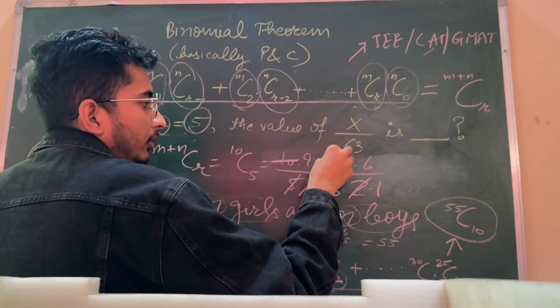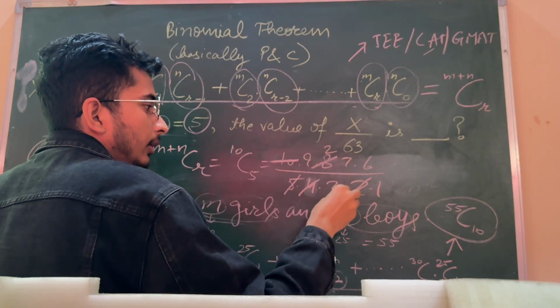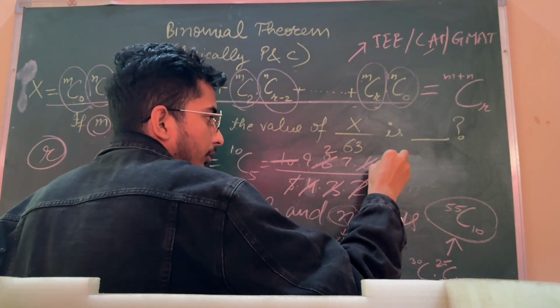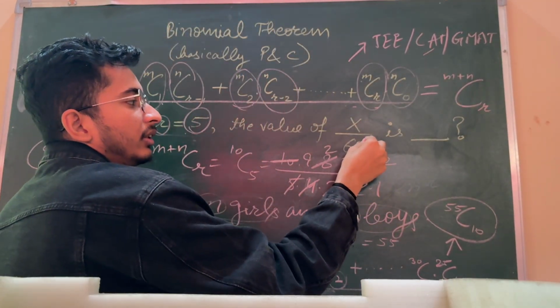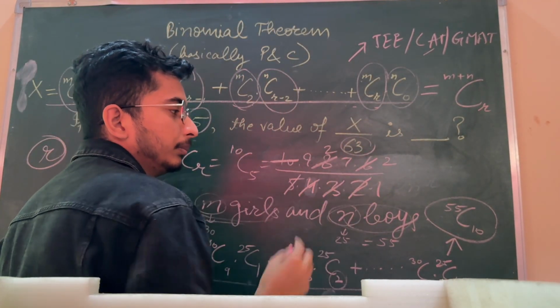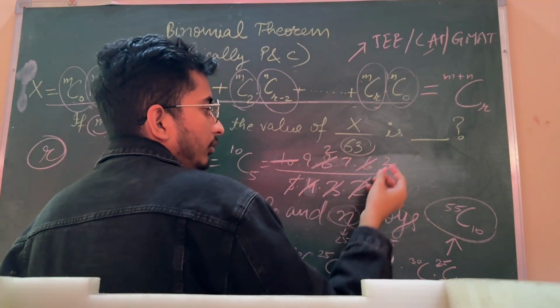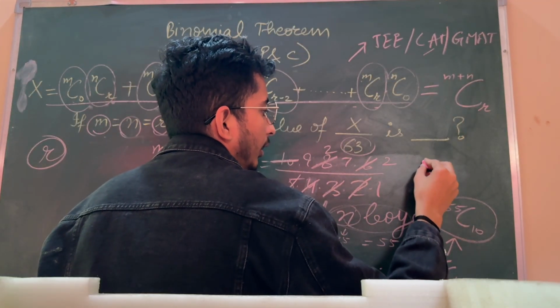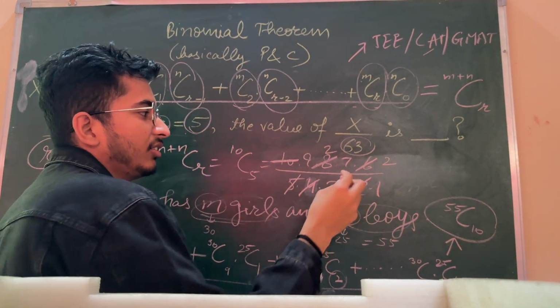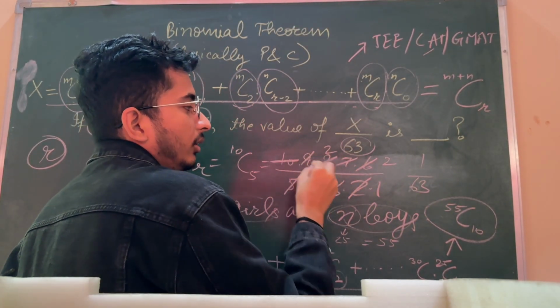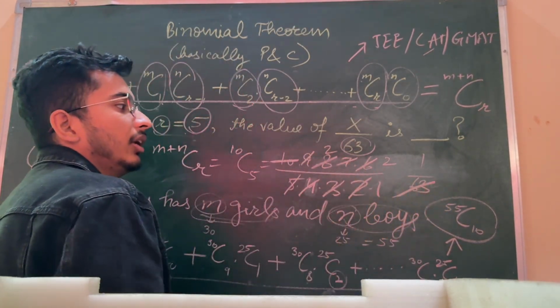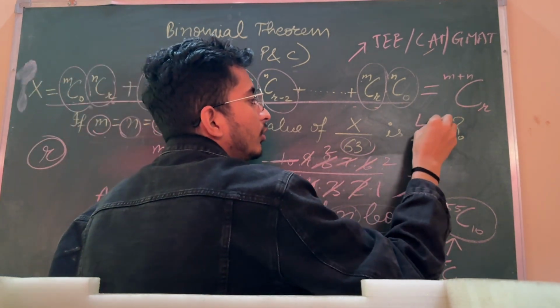Then 4 goes here with 8 and 3 goes here with 6. And we are also given that we have to divide it by 63. All right. So we can directly divide it here by 63, or you can easily see that if this will come in denominator, then 9 and 7 will get cancelled by 63. So the answer is 2 into 2, which is 4.